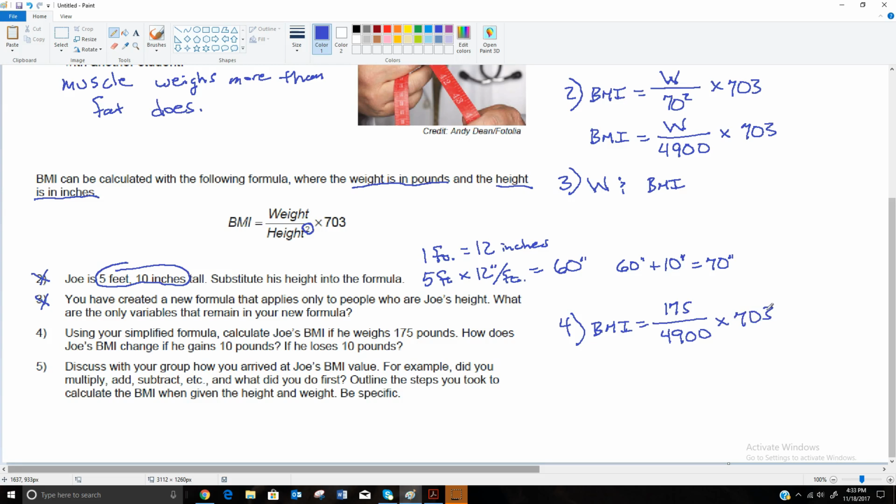And if we calculate that, 175 divided by 4,900, and then I hit equals, and then I take that times 703, and I get that his BMI is approximately 25.1. It comes out to be 25.107, so that would round to 25.1.